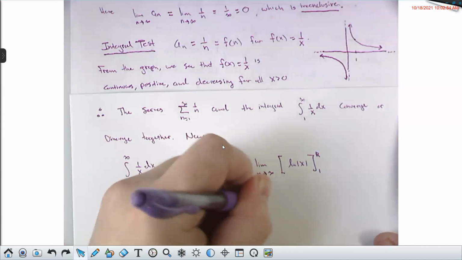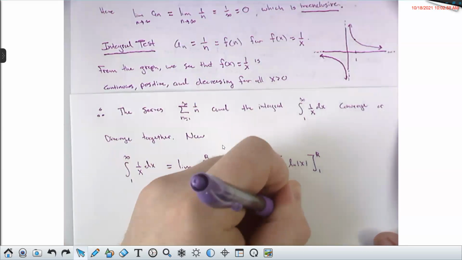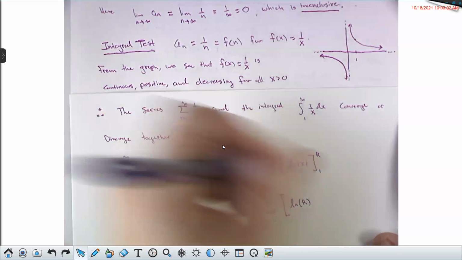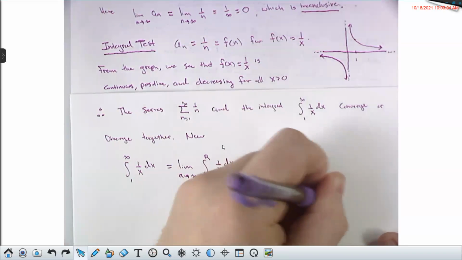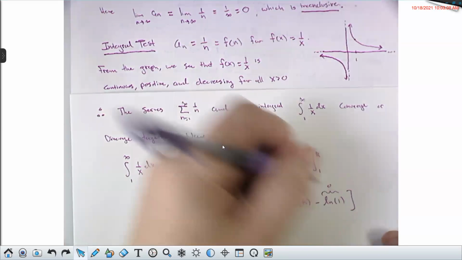Which is the limit as r goes to infinity of natural log of r, which is positive here and going to infinity, minus the natural log of 1. 1 is positive, and natural log of 1 happens to be 0.